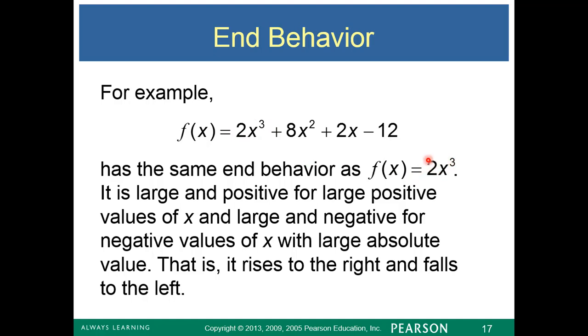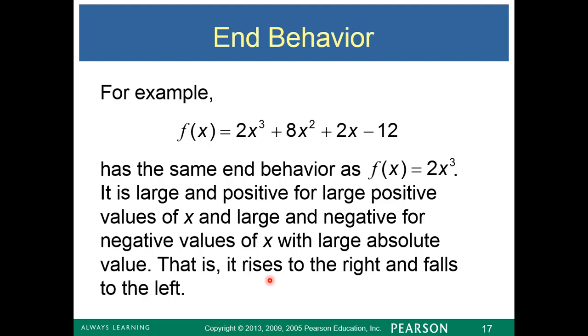We can even forget about the 2, but x cubed. That means it's going to have tails that go in opposite directions, and it's going to start really negative, and it's going to end over here positive.